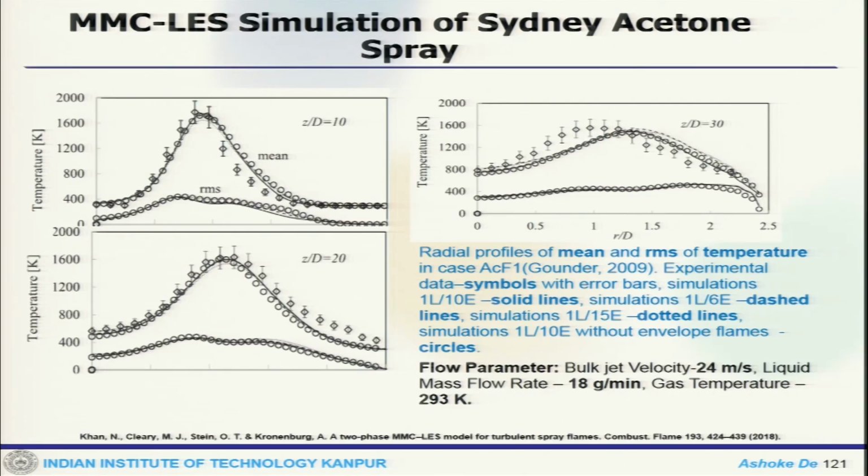You have all the gas phase models which we have discussed, and on top of that, when you go to a multi-phase system, you have all these source terms arising due to the droplet, and droplet combustion itself is complicated. On top of that, the droplet is formed through the atomization process and all this. So that will give you a fair amount of idea of how multi-phase systems are handled, and I hope this will give you a good idea about turbulent combustion modeling and its recent advances.